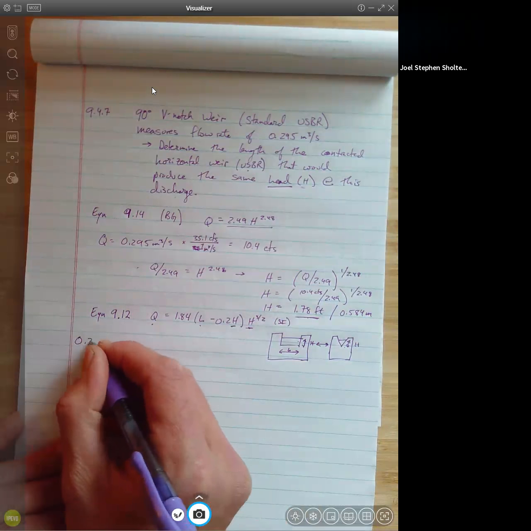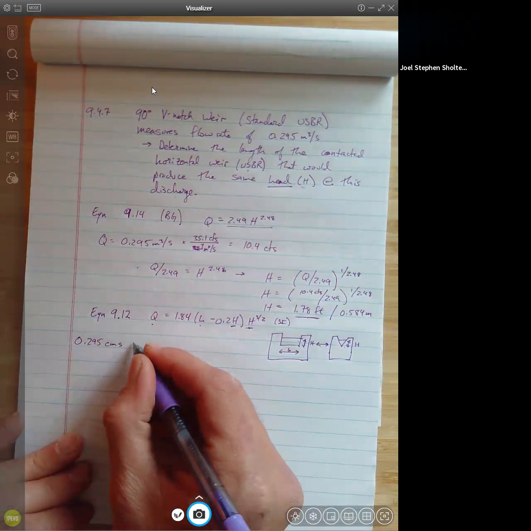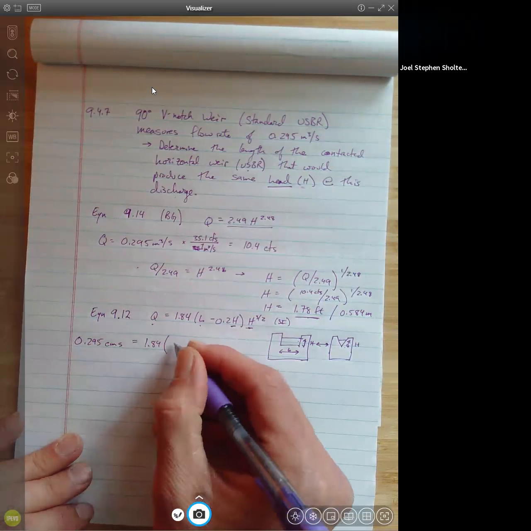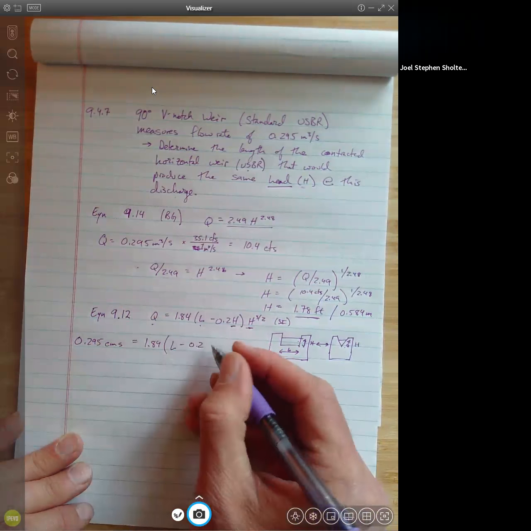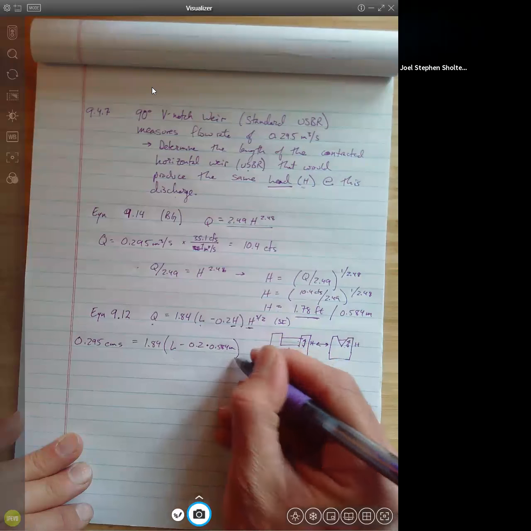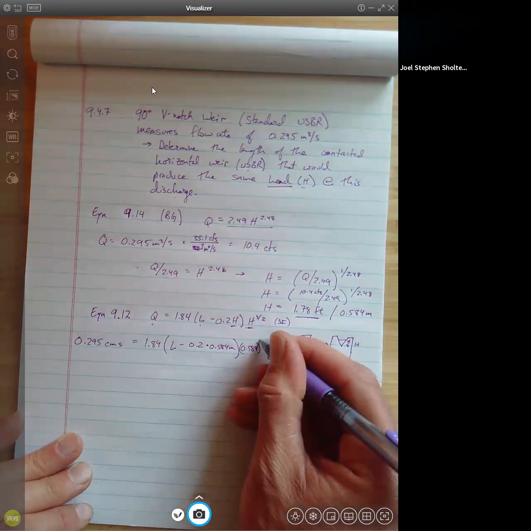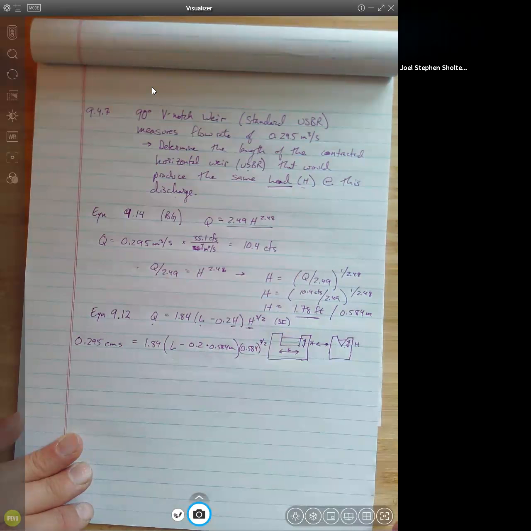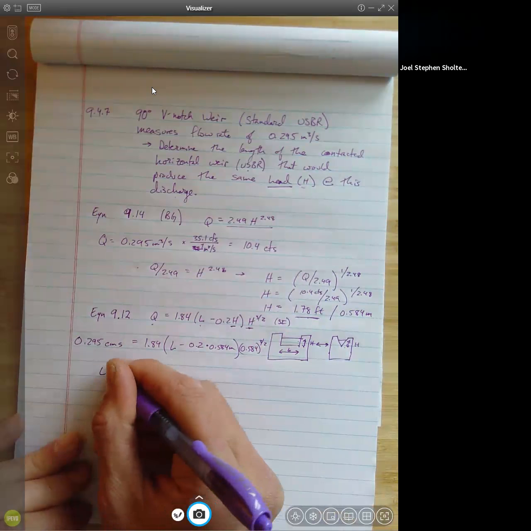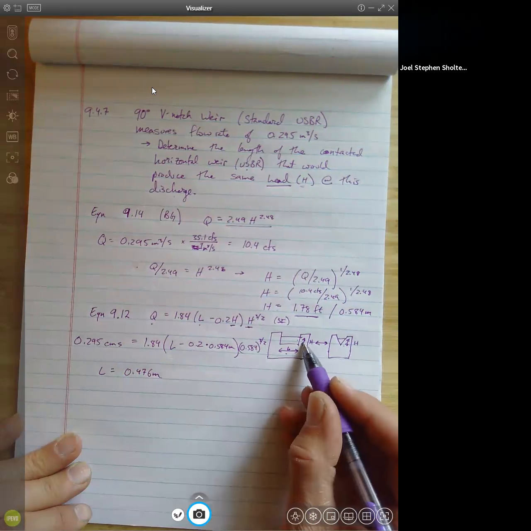So 0.295 cubic meters per second is equal to 1.84 times L minus 0.2 H, where H is 0.584 meters, times 0.584 to the 3 halves. We rearrange, solve for L, and we end up with L equal to 0.476 meters. So that's the L we need to get the same H for the same discharge.